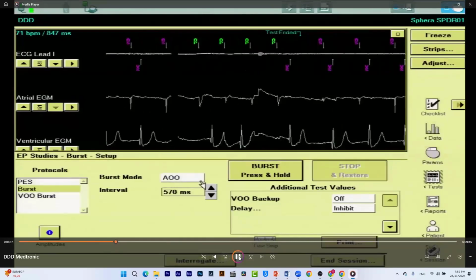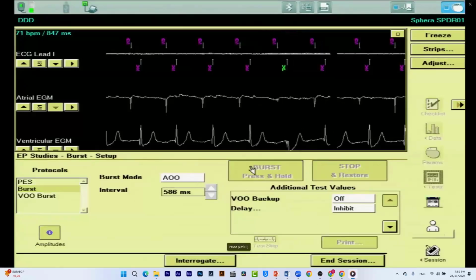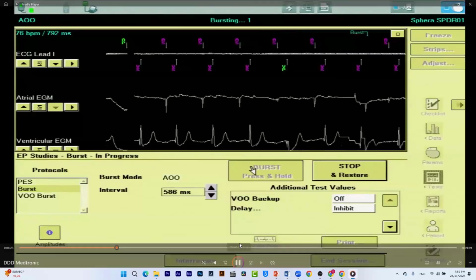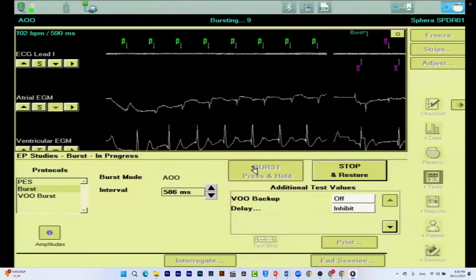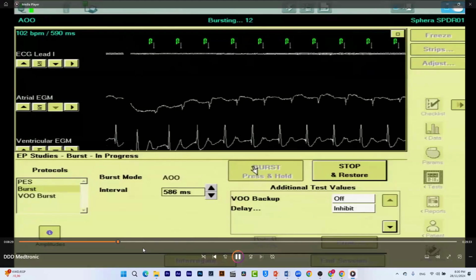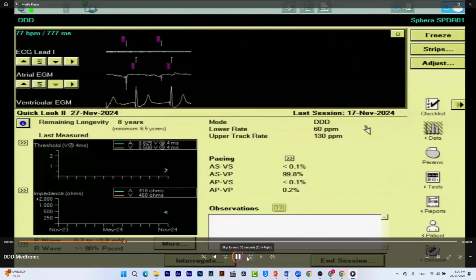One-to-one conduction, you see? That's it, one-to-one conduction. Atrial pace, ventricular sense. Atrial pace, ventricular sense. And I continue to decrease the cycle length until I reach the Wenckebach cycle length. Okay, that is a feature in the pacemaker.